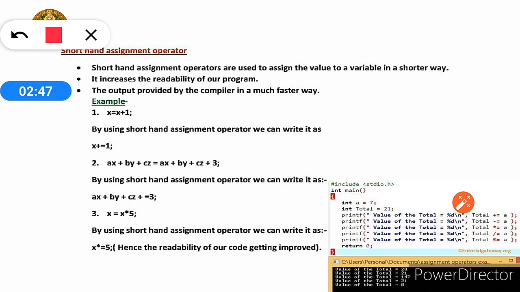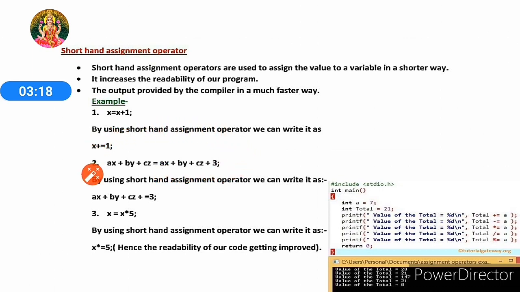Now taking a similar example, x equals x plus 1. By using the shorthand assignment operator, we can write it in this way. Now suppose a bigger expression comes to you, like in mathematics, ax plus by plus cz equals ax plus by plus cz plus 3.